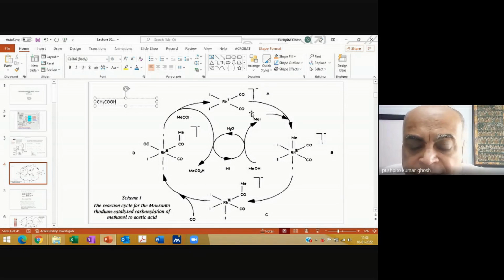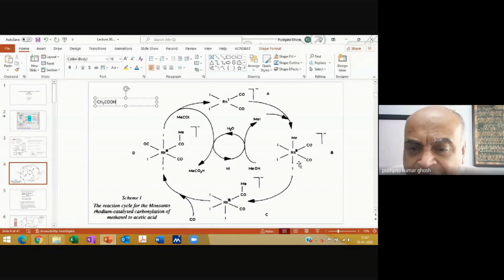Now, what they did, it's a remarkable process. They found that methyl iodide adds across this rhodium. Over here, you can see methyl iodide has added. Now, this particular process of addition is known as oxidative addition. So, these are the two standard terms which are extremely important in the catalysis of organometallic compounds.